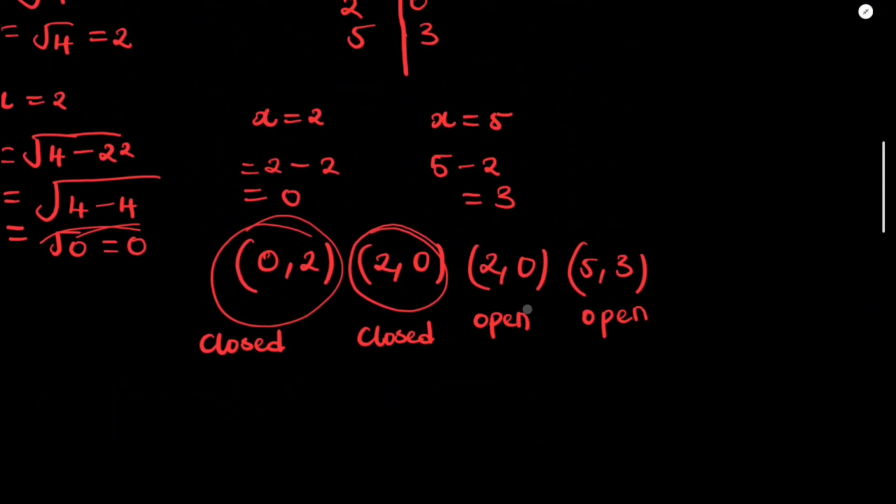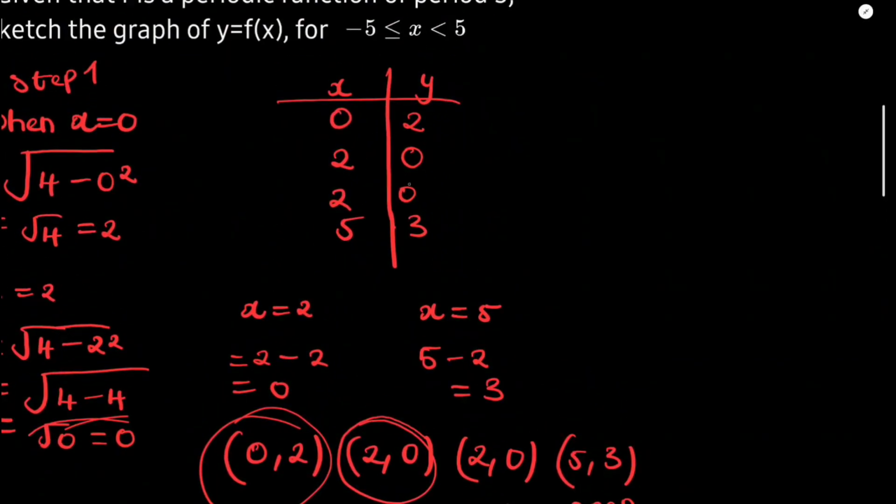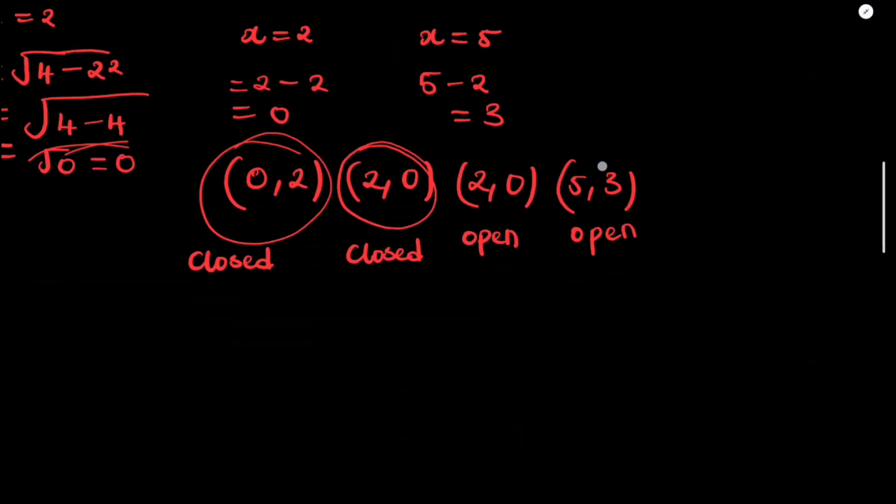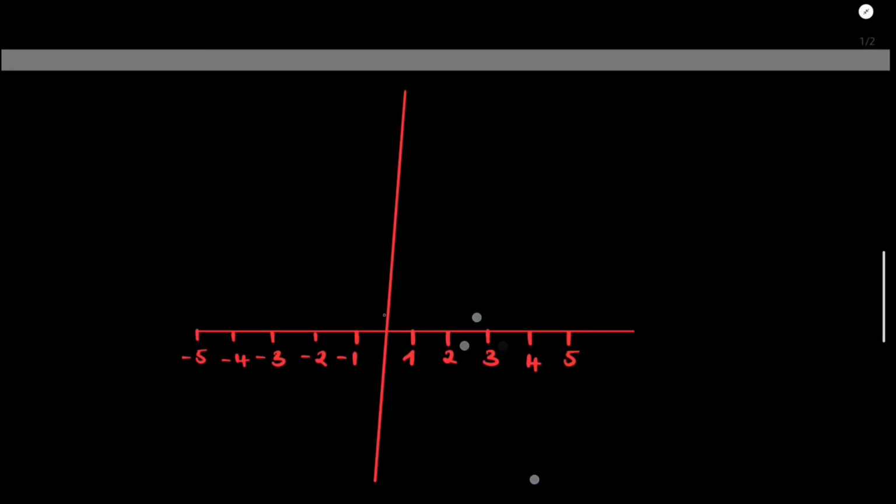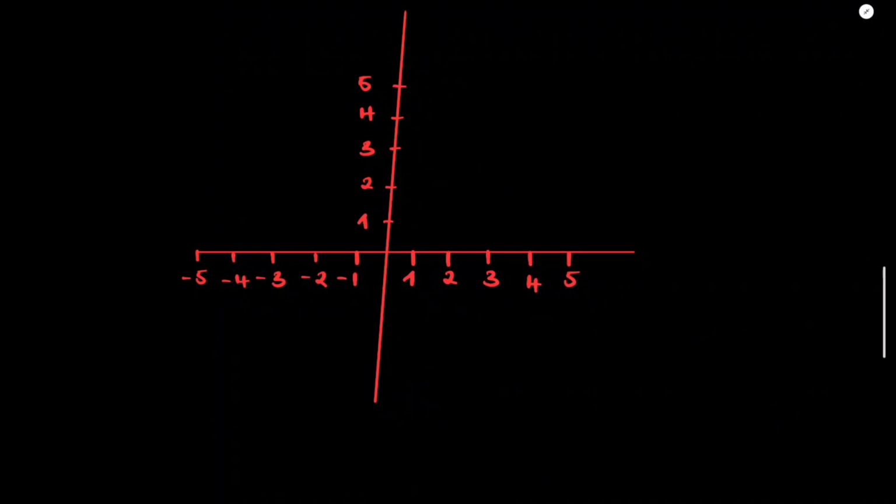Now for our values of y, from this table we can see that the highest value of y we have is 3. So here we just have 1, 2, and 3. Let me just make it long. And since we have no negative numbers, we'll just end it at that.